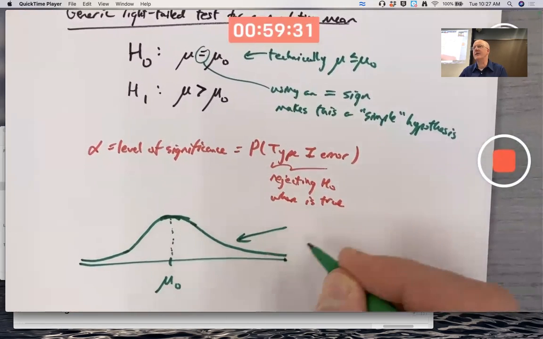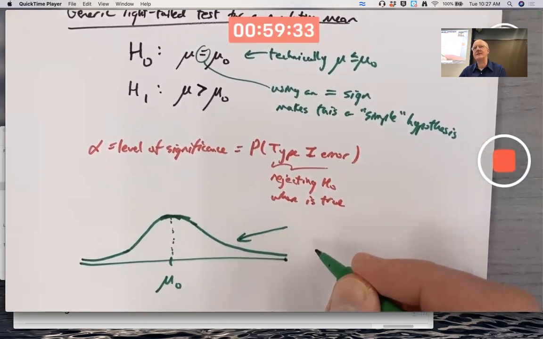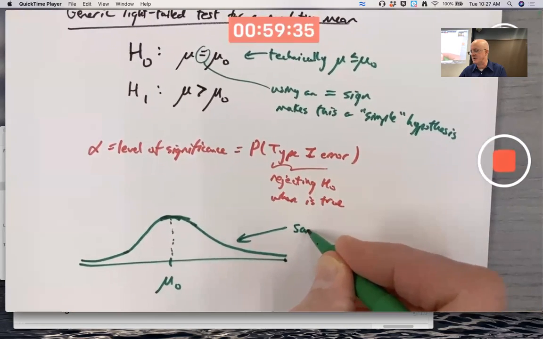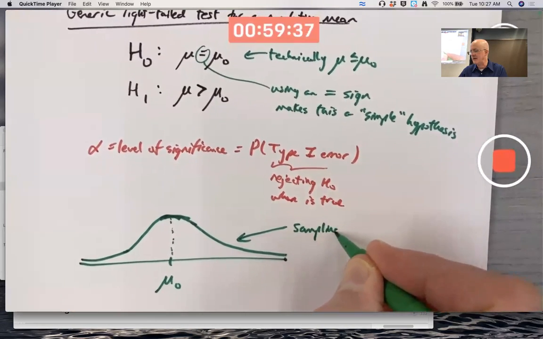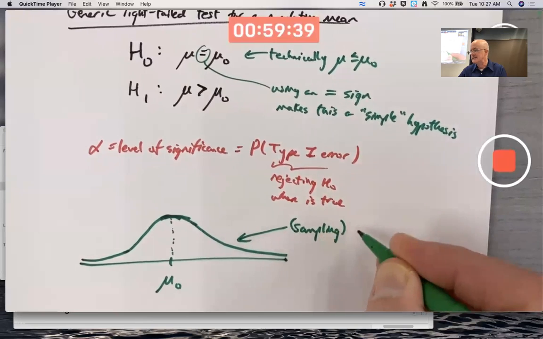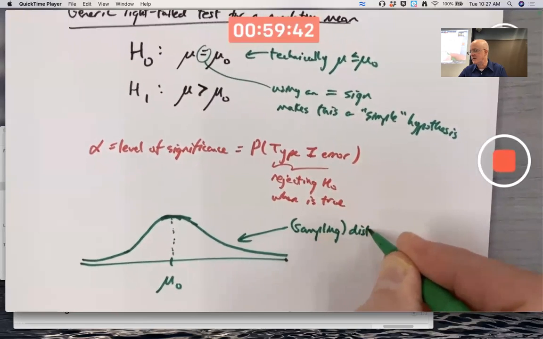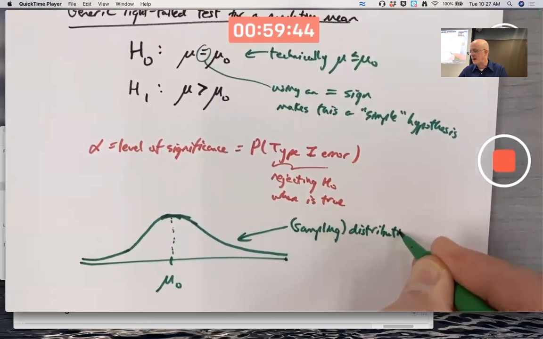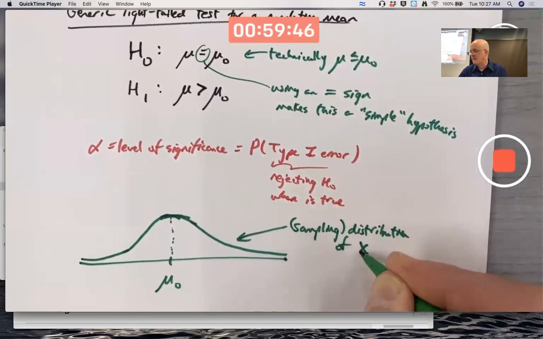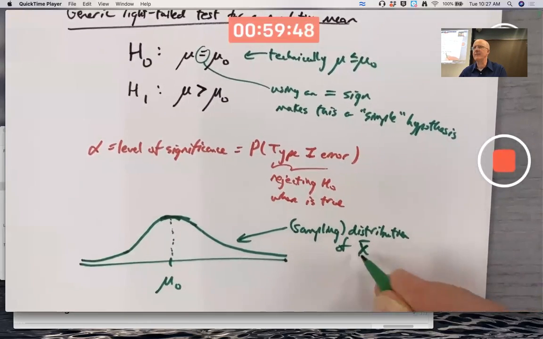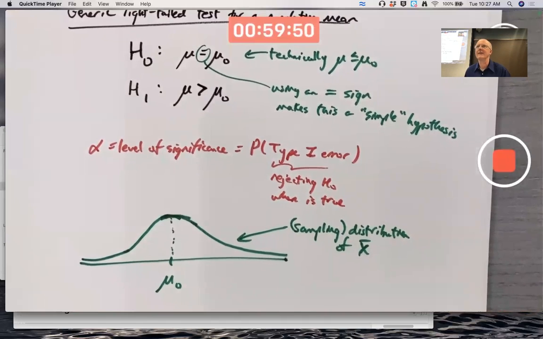Often not just called the distribution of X bar, but for emphasis called the sampling distribution. I'll put the word sampling in there, in parentheses, sampling distribution of X bar. Some of you know from helping out in math lab, in statistical analysis, we usually do call it the sampling distribution to emphasize that it comes from a random sample.